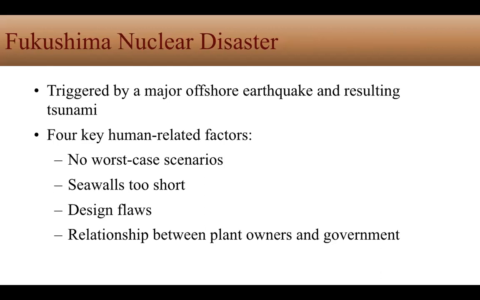cracked the core. So the core is always submerged in water, and so when the core cracked, the water drained out. So radioactive water leaked into the ocean, and the only way that they could prevent the core from melting down and exploding was by pumping seawater into the core in order to keep the temperature down.